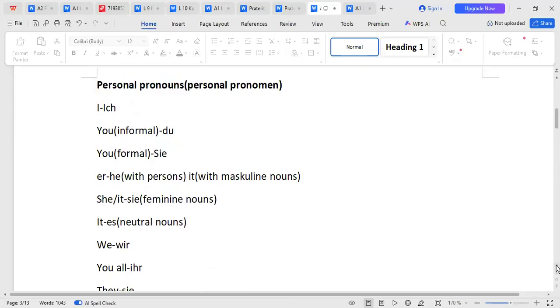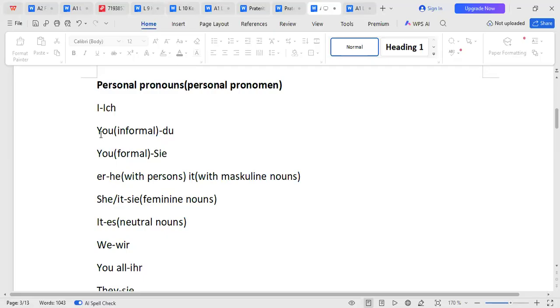The personal pronouns. In German, I is ich. First person, singular. I am cooking, I am eating. So the I is ich. Then you have second person. In German, the you is divided into two.